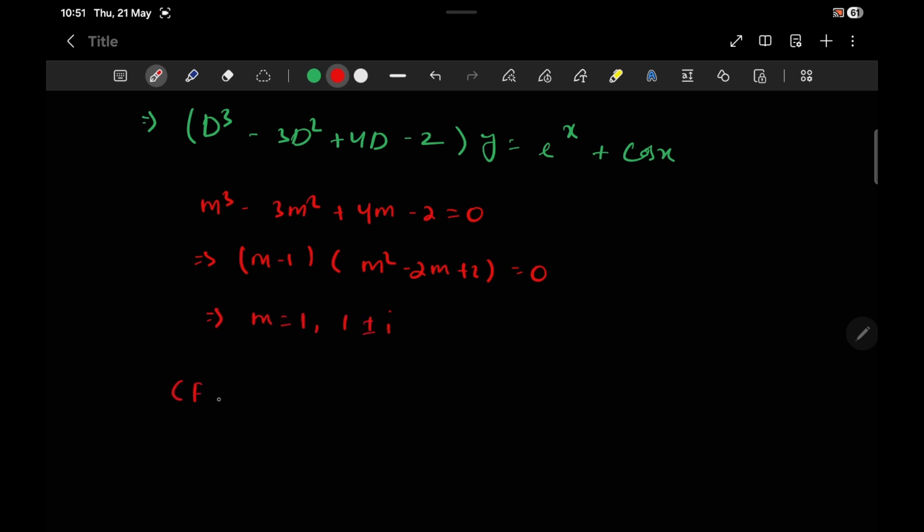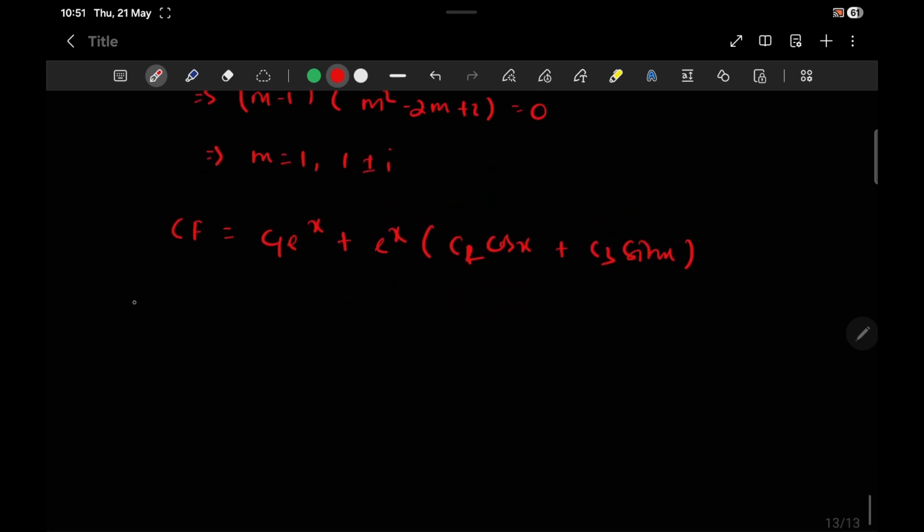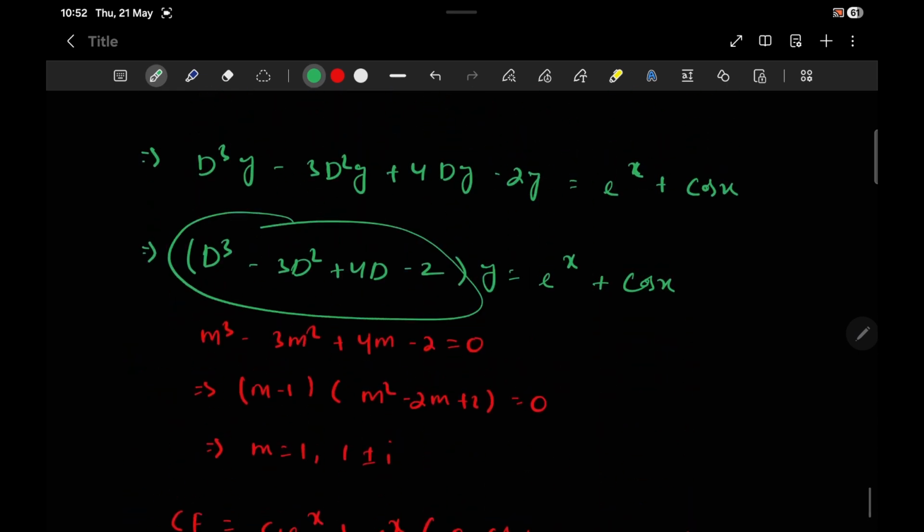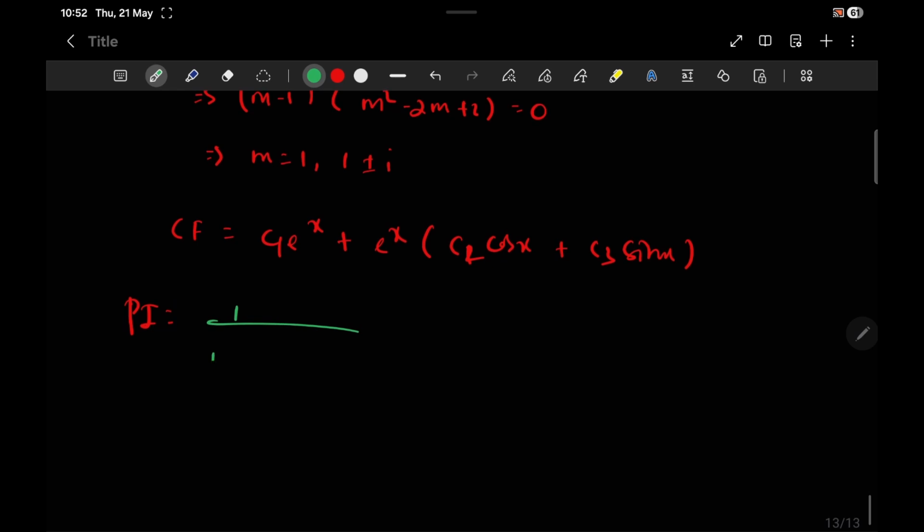So the CF becomes c1 e to the power x plus e to the power x into c2 cos x plus c3 sin x. Then the particular integral is 1 by this term d cube minus 3d square plus 4d minus 2 of e to the power x plus cos x.